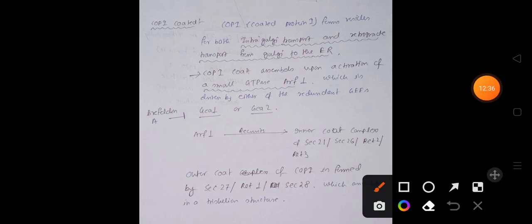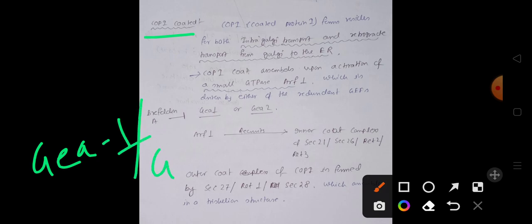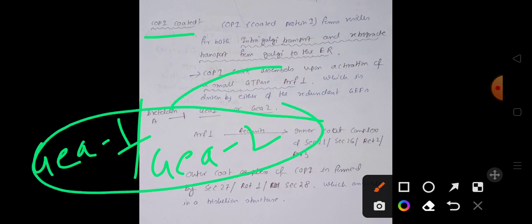We are talking about how COP1 coated vesicles are formed. There are two types of GEFs that are present, GEA1 and GEA2. GEF means it will give GTP to any kind of protein. So GEA1 or GEA2 will activate a small GTPase protein named ARF1.